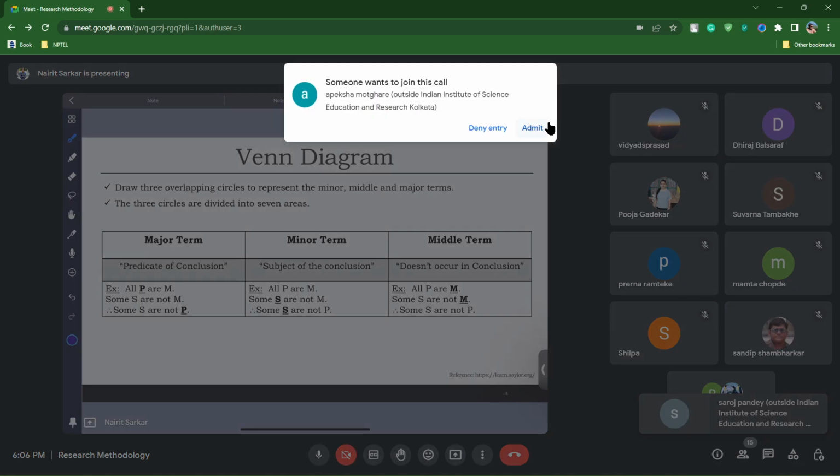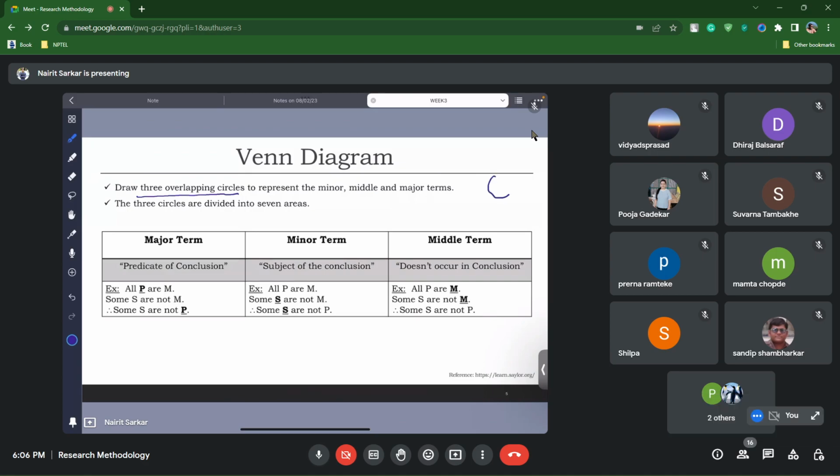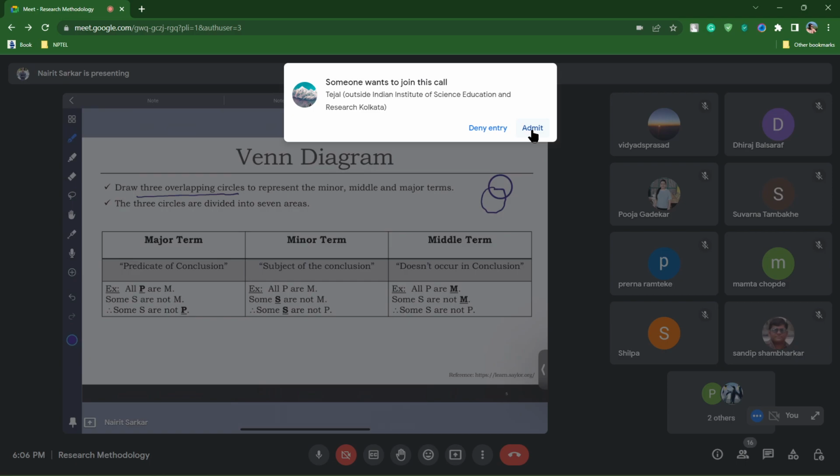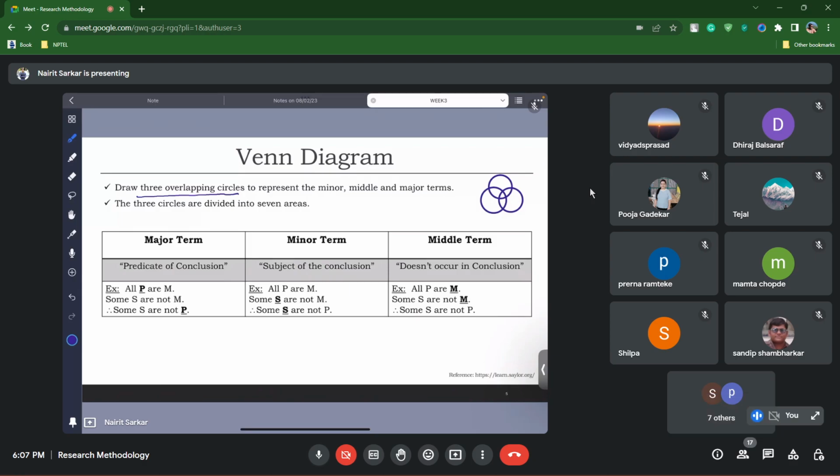To draw a Venn diagram, first we have to draw three overlapping circles, 1, 2, 3. The three circles are divided into 7 areas, like 1, 2, 3, 4, 5, 6, and 7.